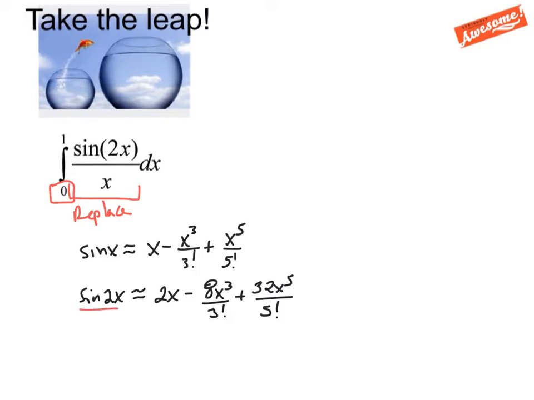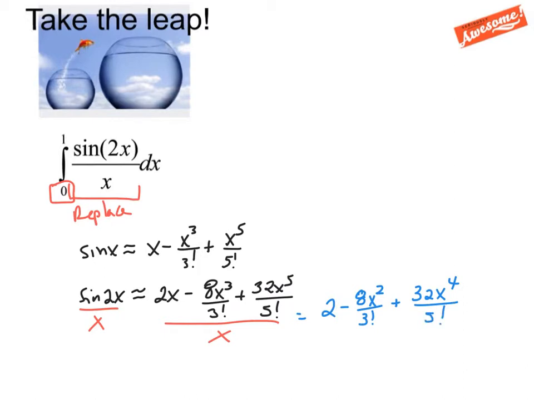Well, I'm going to do that. I'm just going to divide both sides by x. Well, 2x divided by x is 2. 8x cubed over 3 factorial, well, this is going to be 8x squared over 3 factorial, because you divided an x out. And then we're going to have 32x to the 4th over 5 factorial.